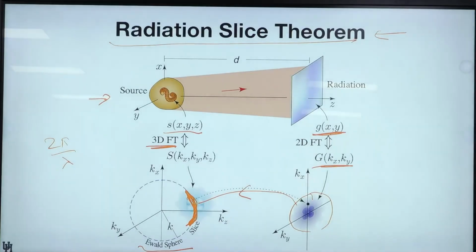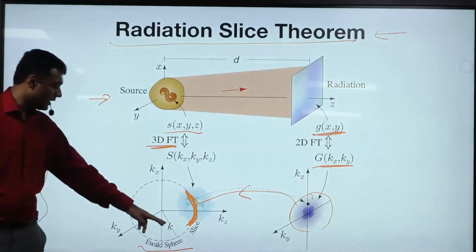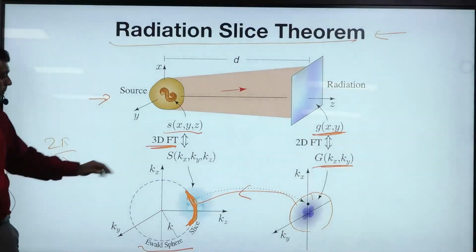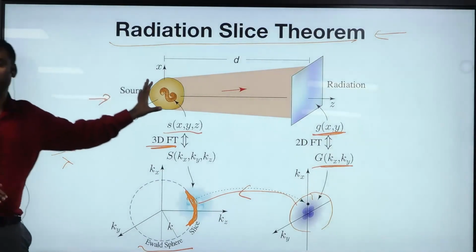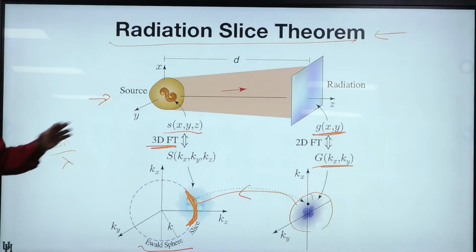So the radius of that sphere is the magnitude of vector k, and this is essentially the radiation slice. With this approach, using the same ideas that we use for inverse reconstruction in ray tomography, we use the same principle and do the inverse reconstruction to see the inside structure of this kind of object.